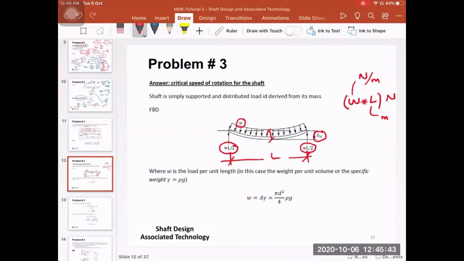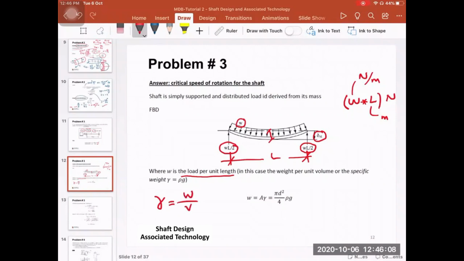So, but how can we calculate the load per unit length? Because this is not given, okay? So by definition, it is the load per unit length. Do you remember the definition of the load per unit volume? It is called the specific weight. So specific weight gamma is the load per unit volume, all right?